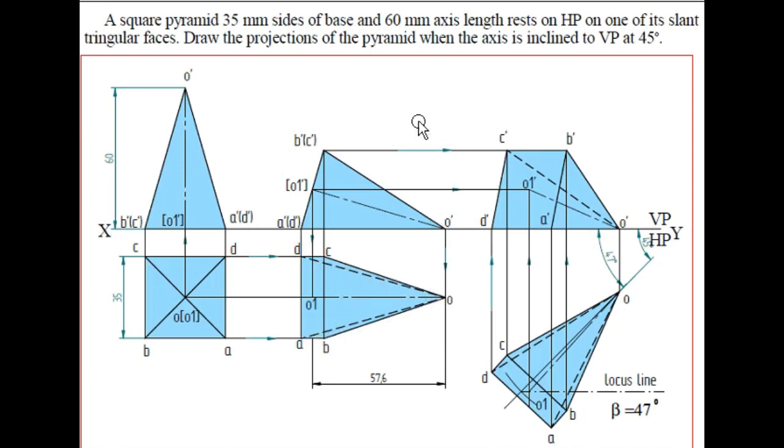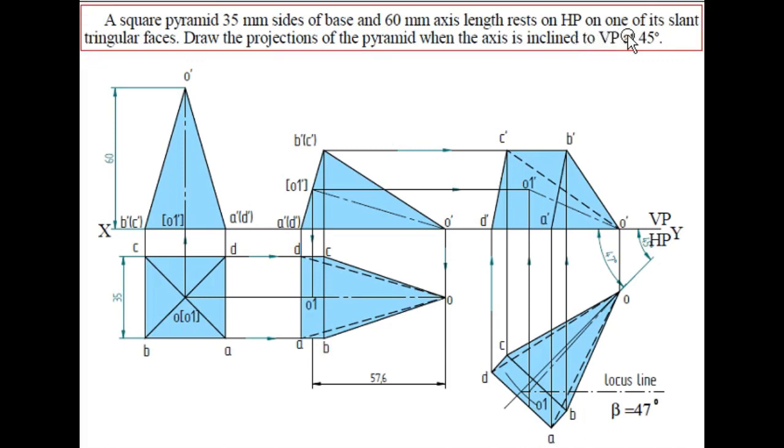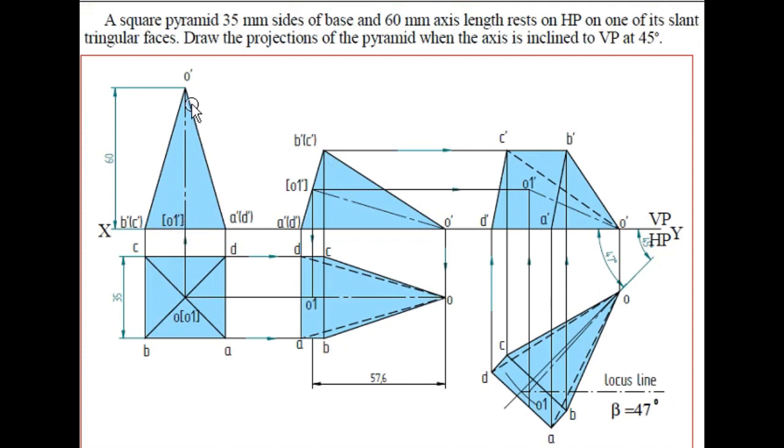Next, what is the next condition? The inclination with respect to another plane. What is the other plane? That plane is VP. So the axis is inclined to VP at 45 degree. He is speaking with respect to the axis. You can see here the length of the axis is how much? 60 mm.